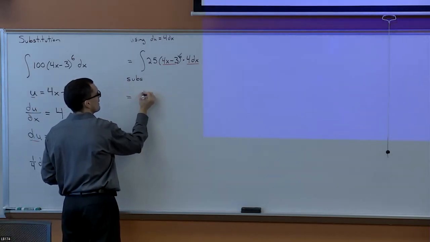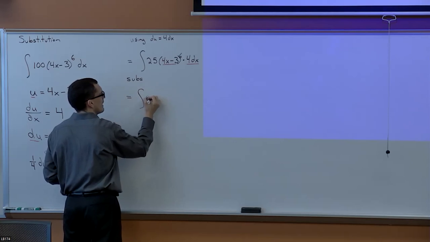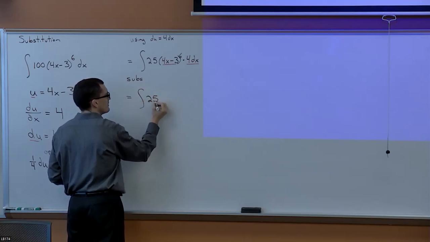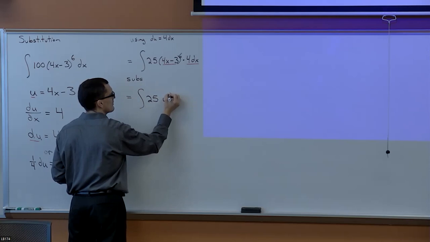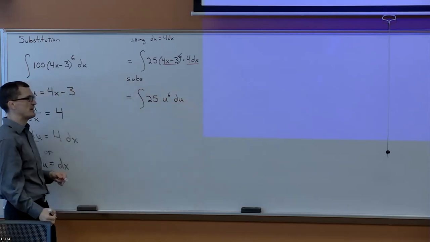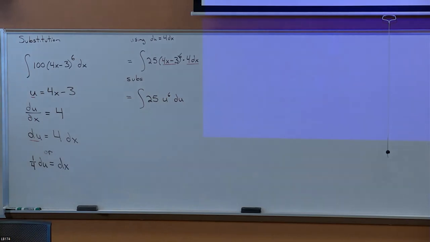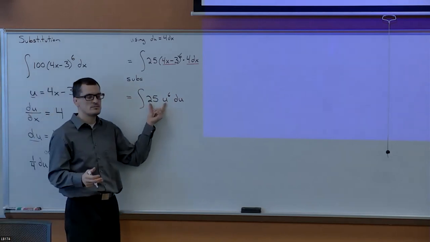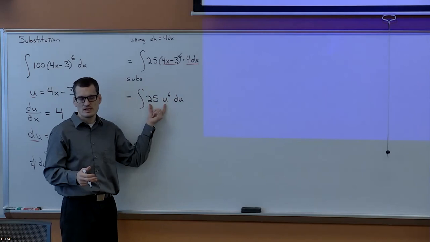So what we get is 25 u to the sixth integrated with respect to u. That's an easy thing to integrate, because it's like an x to a power function.